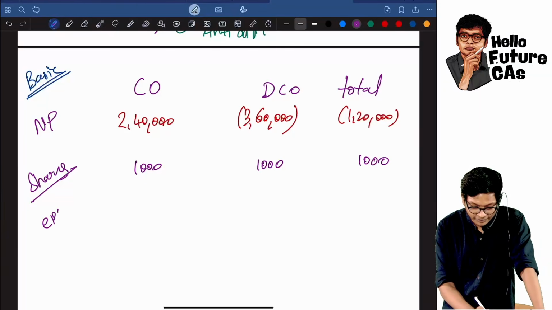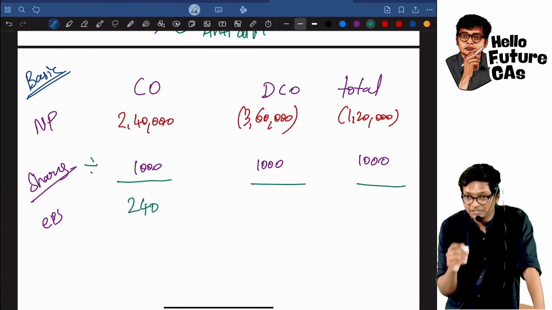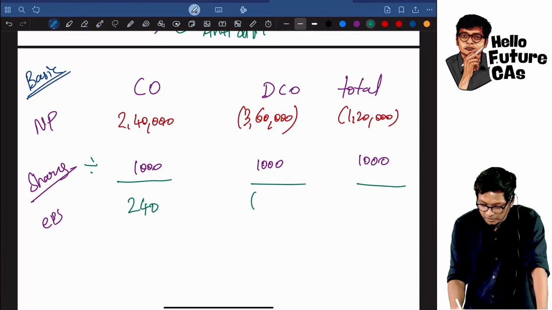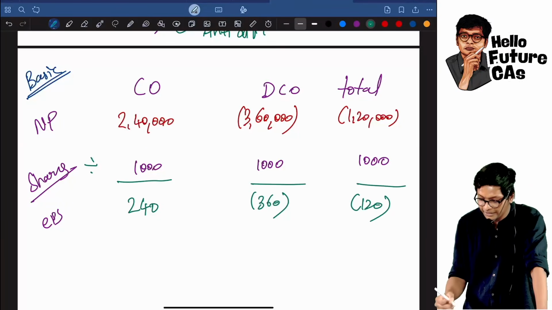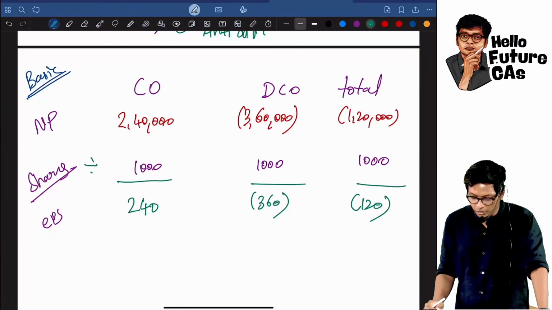What are you getting as EPS, guys? 240 positive here, negative 360 here, and negative 120 in total. Are you following, guys? Are you all with me?